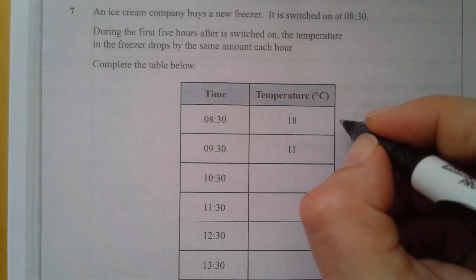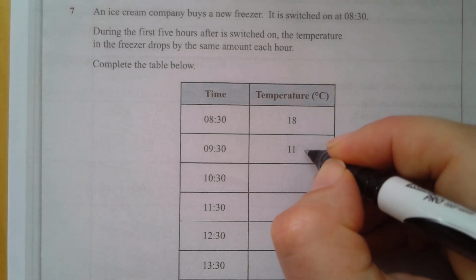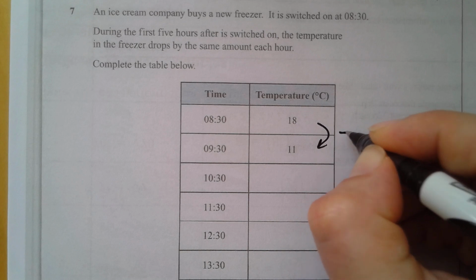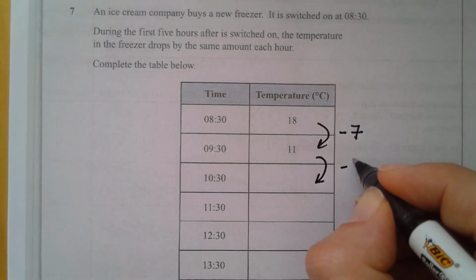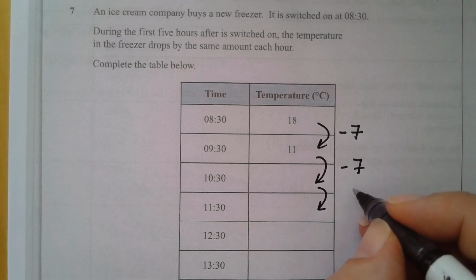So we're looking at the gap. What do we do to get from here to here? Well, we subtract 7. From here to here, it is the same every hour.